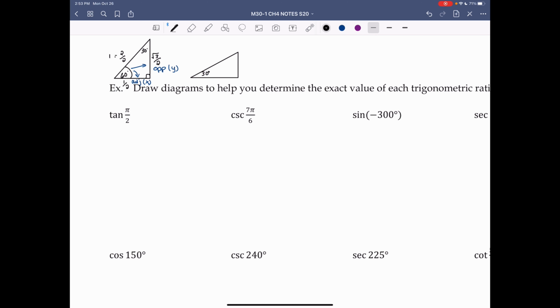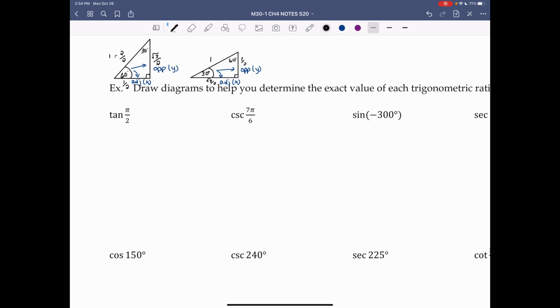Our sides are all the same. So hypotenuse is 1. The side opposite from 60 is root 3 over 2, and the side adjacent to 60 is 1/2. Then if we're focused on angle 30, the opposite side is the y value, which is 1/2, and the adjacent side is the x value, which is root 3 over 2.